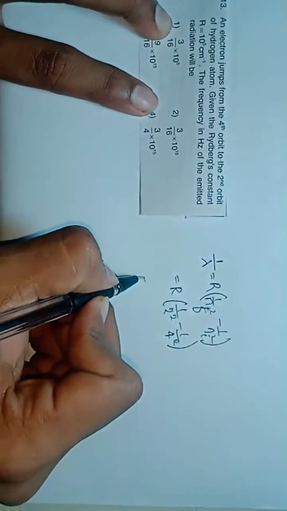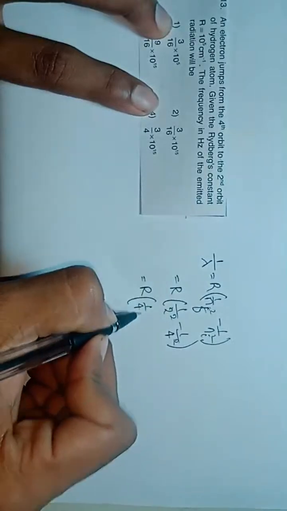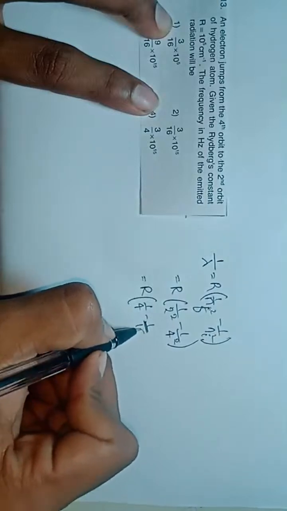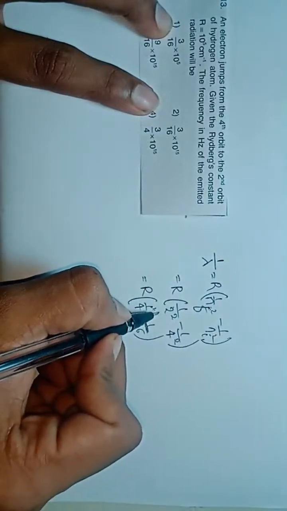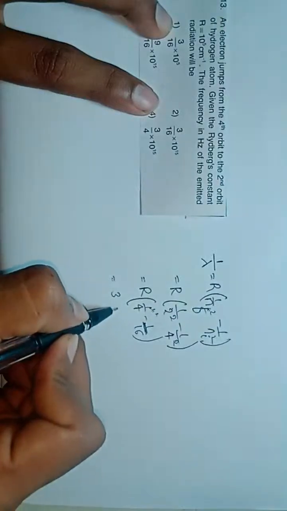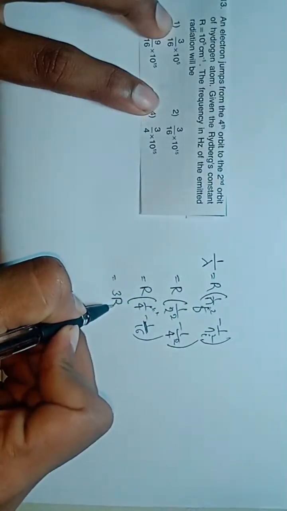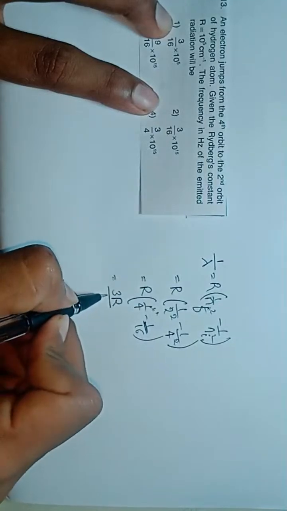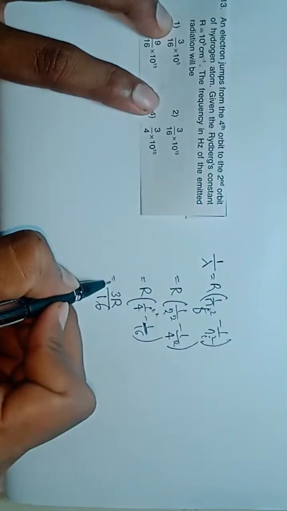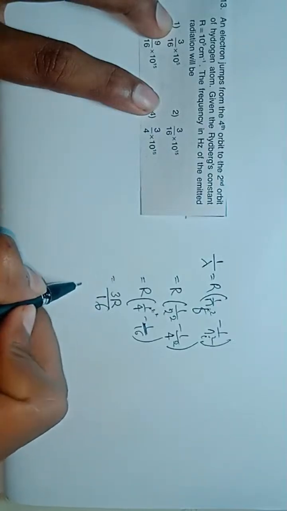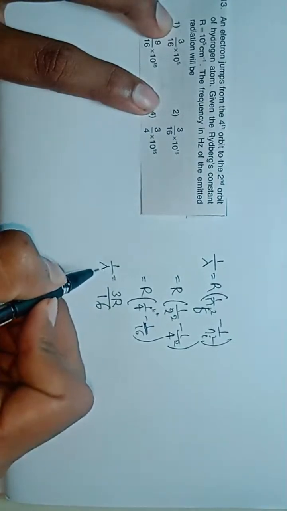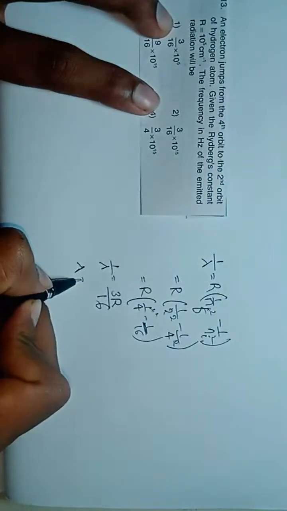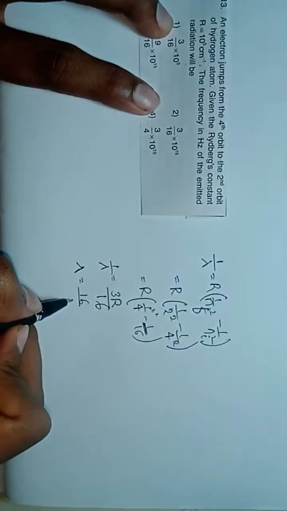Solve this, okay, it is equal to R into 1 by 4 minus 1 by 16, which will be 3R by 16. Okay, this is the 1 by lambda value. For the lambda value, lambda is equal to 16 by 3R.